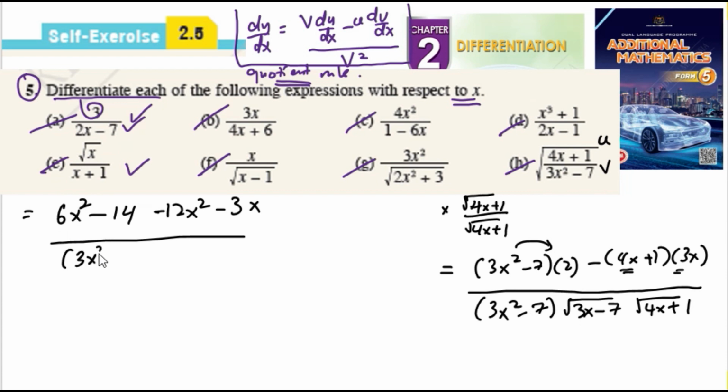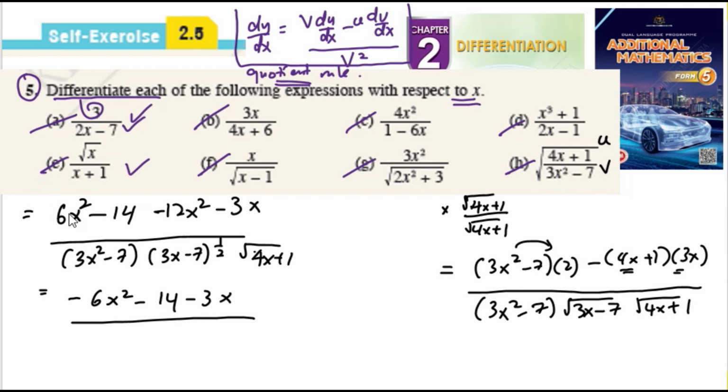So just 3x squared minus 7, and the square root will become (3x squared minus 7) to the power of half times the square root of 4x plus 1. So here 6x squared minus 12x squared, you get negative 6x squared. So minus 14 minus 3x divided by, so you see here, this is power of 1 times power of half. So you add the power, 1 plus half, you get 3 over 2. So (3x squared minus 7) to the 3 over 2, times the square root of 4x plus 1.